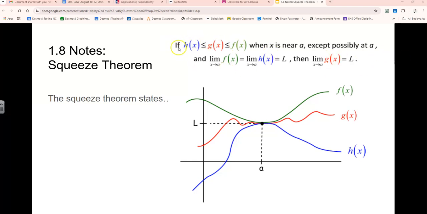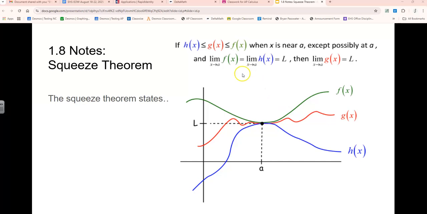But the squeeze theorem says if we've got three functions, in this case h, g, and f, and it is known that h is always less than or equal to g, and g is always less than or equal to f. So we've got a function at the bottom, a function at the top, and a function in the middle.